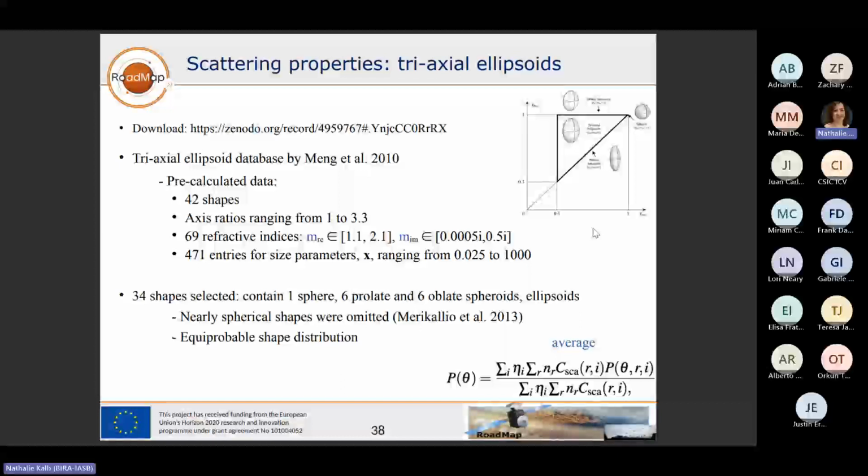They noticed that these 34 shapes were the best to reproduce the scattering elements, and they also got a quite nice fit using an equiprobable shape distribution. The problem here is that you have so many different shapes, and you have to average the shapes when you are computing the scattering properties. Here is just the way that is done when you're using this database. It's all in their paper as well, so you can check it from there.